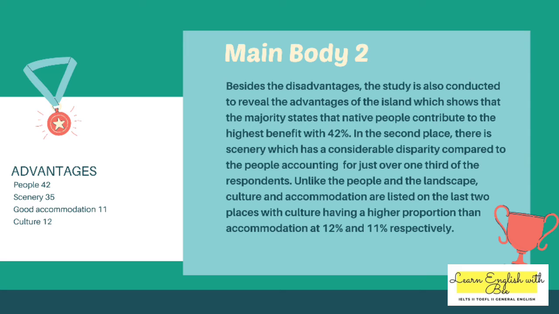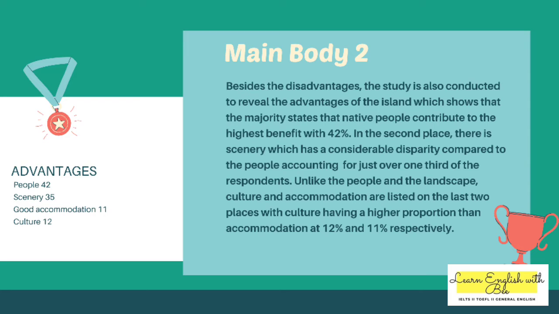Okay, and then as you can see also that the first sentence is based on the highest, which is for the people with 42%. And then the second sentence I wrote, in the second place there is scenery, which has a considerable disparity compared to the people, accounting for just over 1/3 of the respondents.